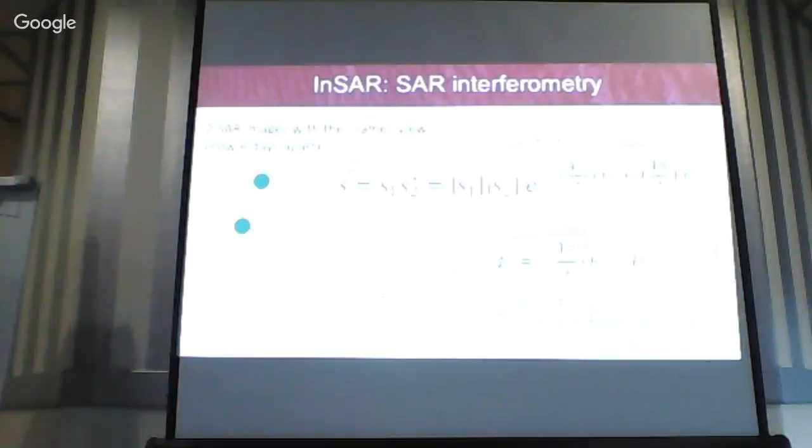But if the land is quiet, which is generally the case in 6 days unless there was an earthquake or a landslide, then the only thing that changes this apparent path is that it's the same path, but it took a longer time to go through because of the composition of the atmosphere. So we can get this phase delay as a proxy for water vapor integrated along the path. It's called the slant water vapor, and from there we can compute the precipitable water vapor.